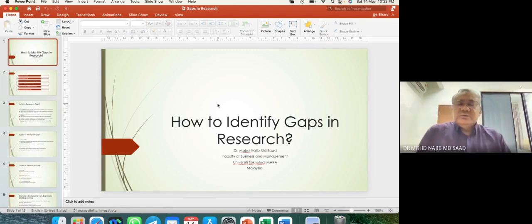So you need to create a research gap by going in depth into that particular, we call that research context. So for example, a particular study has been done in a developed country, and we replicate it in our country, a developing country, but we need to further refine that particular population by looking at a specific focus area.